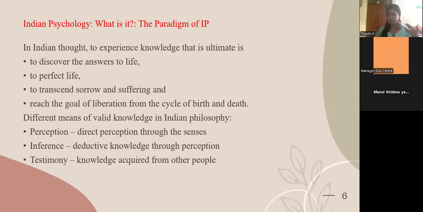As we go through the modules, you see that these four are majorly the ultimate goal of Indian psychology, which is a very different view from the ontological and epistemological system of Western psychology. Or you'll see that there is some very minute kind of difference when it comes to the Asian part, right?